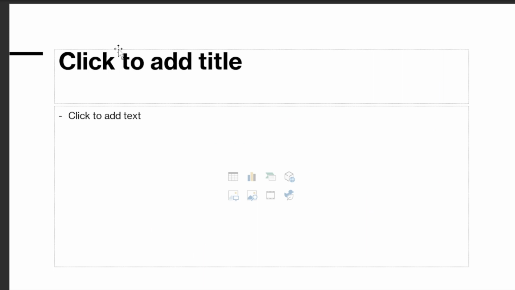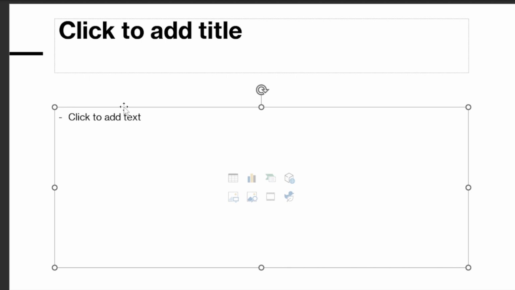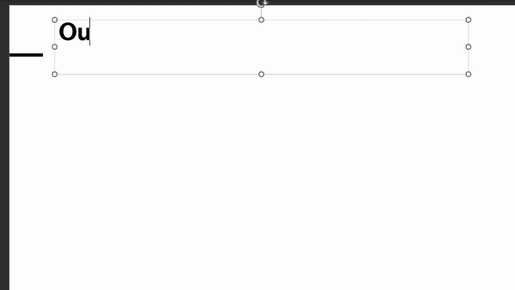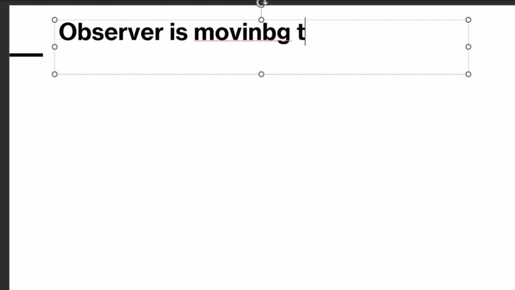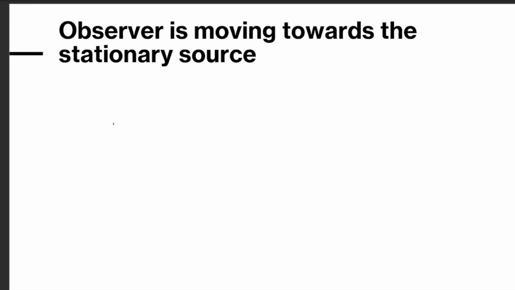Now in this case, what we are going to discuss is when the source is stationary but the observer is moving. So here the observer is moving towards the stationary source. So the condition is, now the observer is moving and the source is stationary.